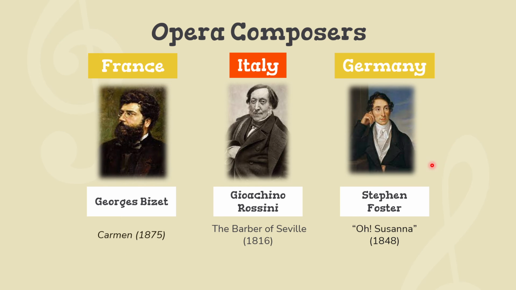In Germany, it was common to have plots drawn from medieval history, legend, or fairy tale. Supernatural events are intertwined with the fate of the human protagonist. One of the main German composers was Stephen Foster, who wrote once again Oh Susanna in 1848.